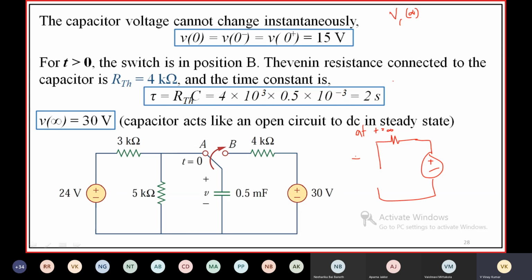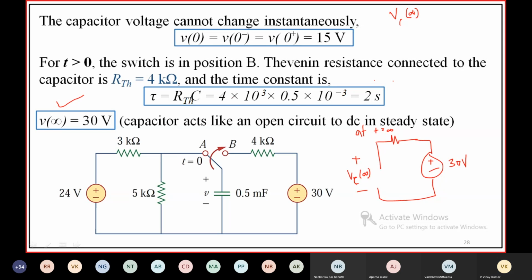So the voltage across it is Vc of infinity. For T greater than 0, steady state occurs at T is equal to infinity, so the voltage across the capacitor equals the applied voltage of 30 volts. So Vc of infinity is equal to 30 volts.